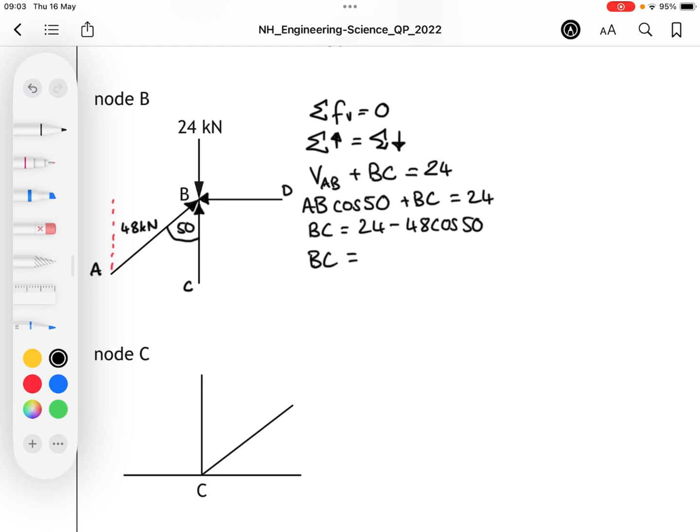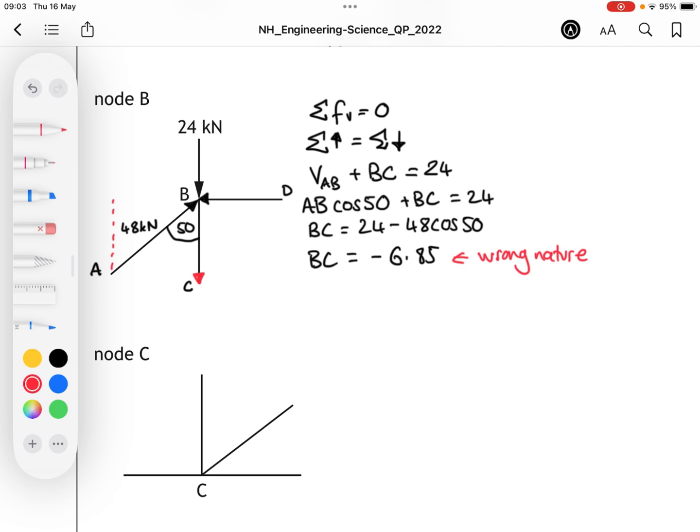For BC, I then get minus 6.85. And that's not an issue, but what that does show me is that I chose the wrong nature for BC. So I assumed that BC was a strut, and now I can see that BC is actually a tie.